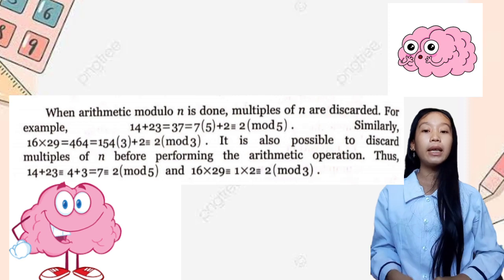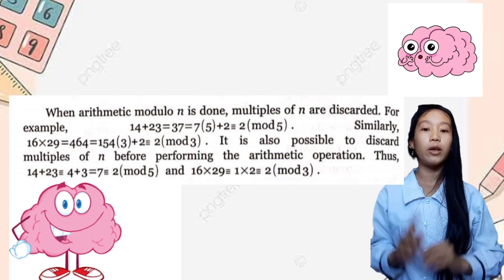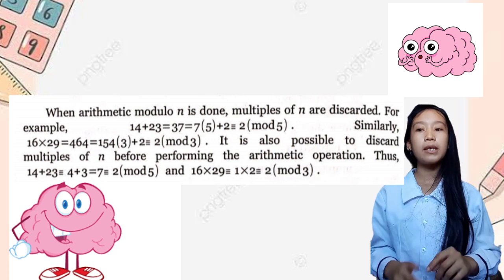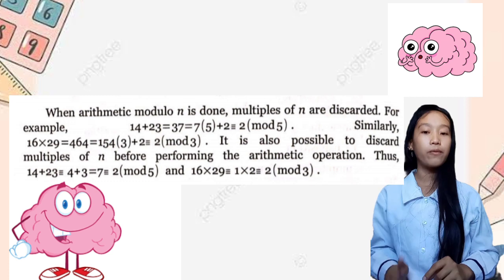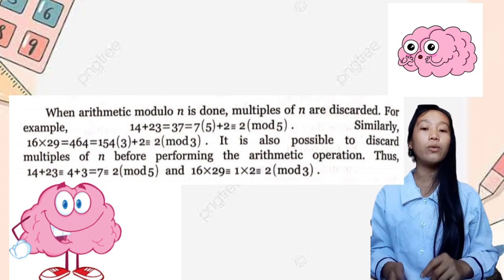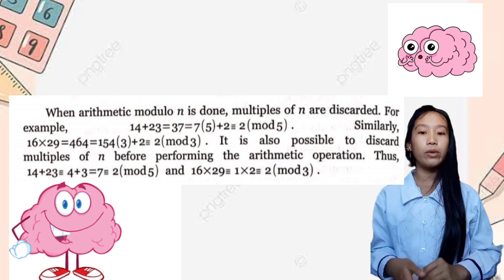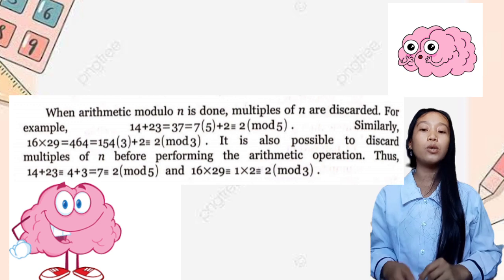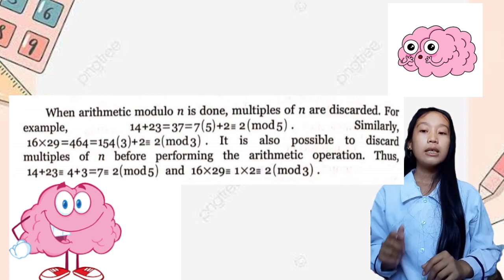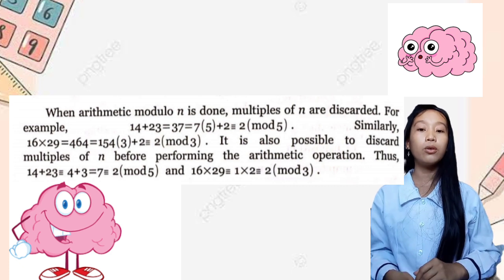When arithmetic modulo n is done, multiples of n are discarded. For example, 14 plus 23 is equal to 37, which is equal to 7 times 5 plus 2, which is congruent to 2 modulo 5. Similarly, 16 times 29 is equal to 464, which is equal to 154 times 3 plus 2, which is congruent to 2 modulo 3.